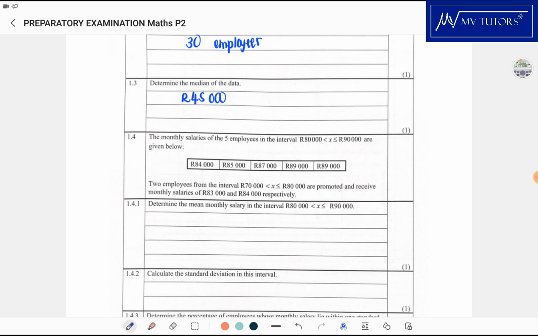Now 1.4 says the monthly salaries of the 5 employees in the interval between 80,000 and 90,000 are given below. So these are the actual salaries. Then it says 2 employees from the interval of 70 to 80.